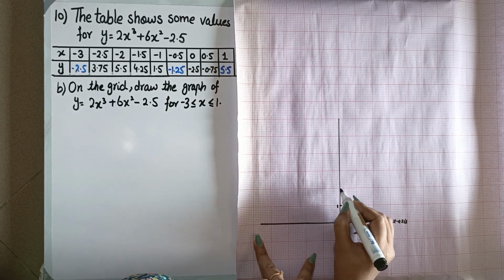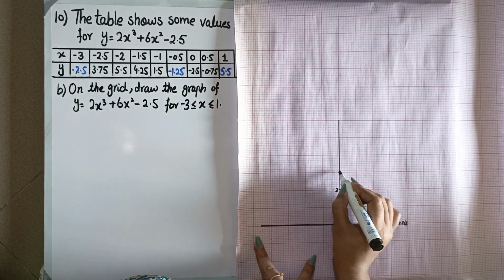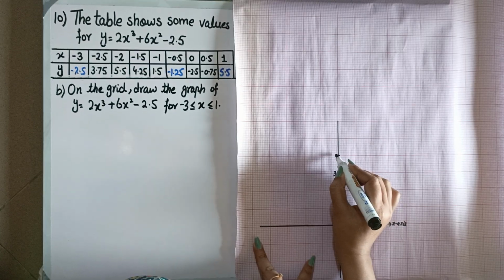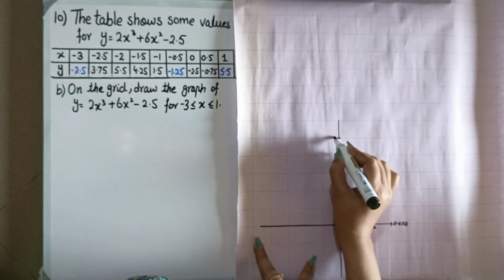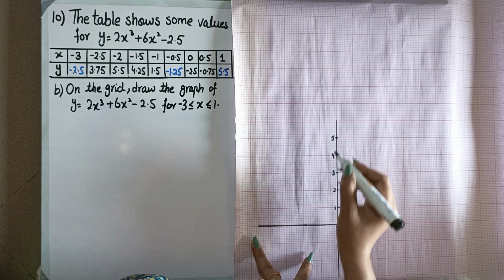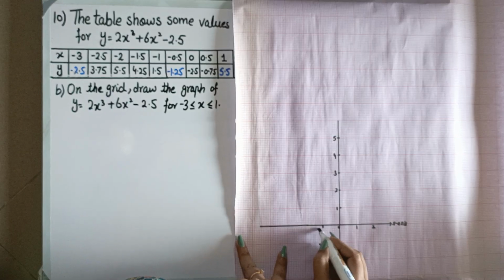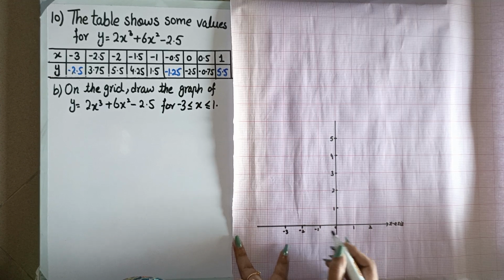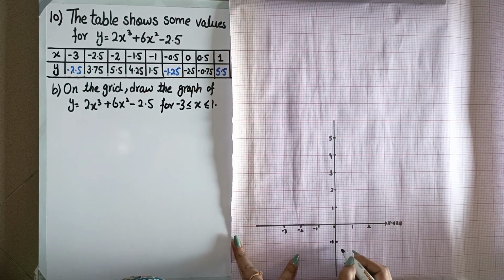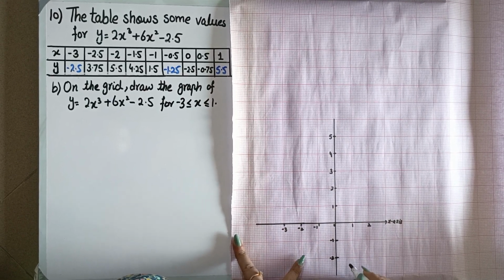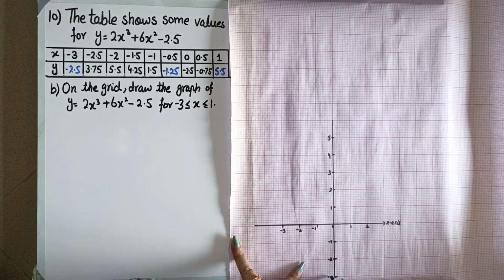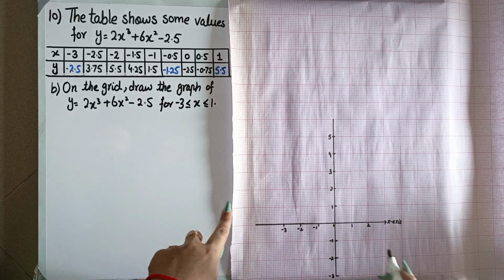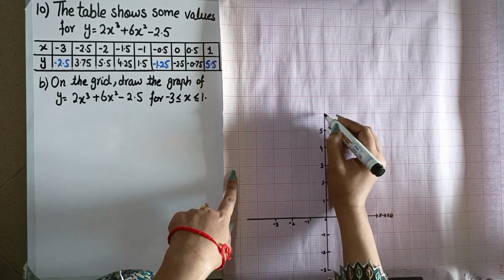Here it is 1, 2, 3, 4, 5, then minus 1, minus 2, minus 3. This is the y-axis.